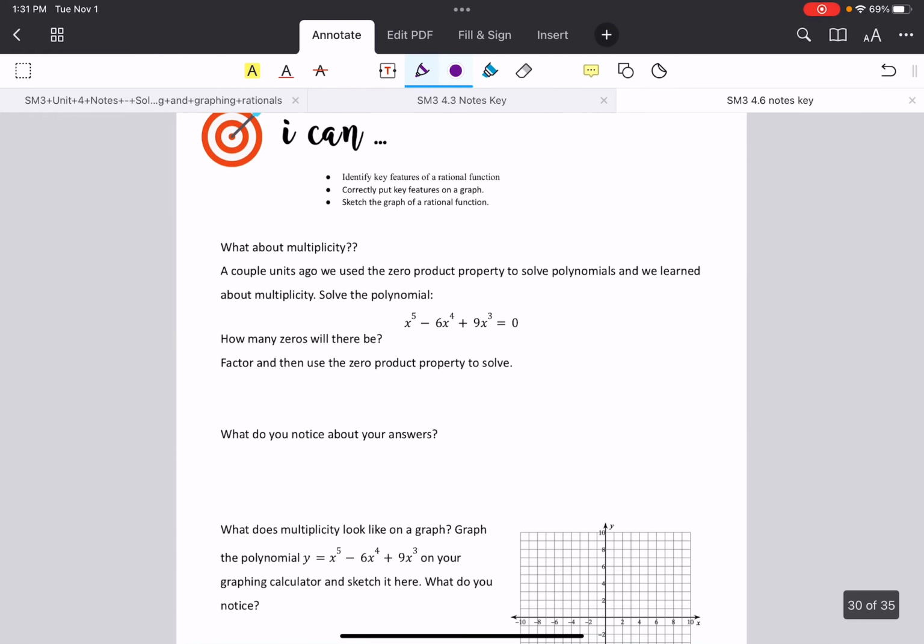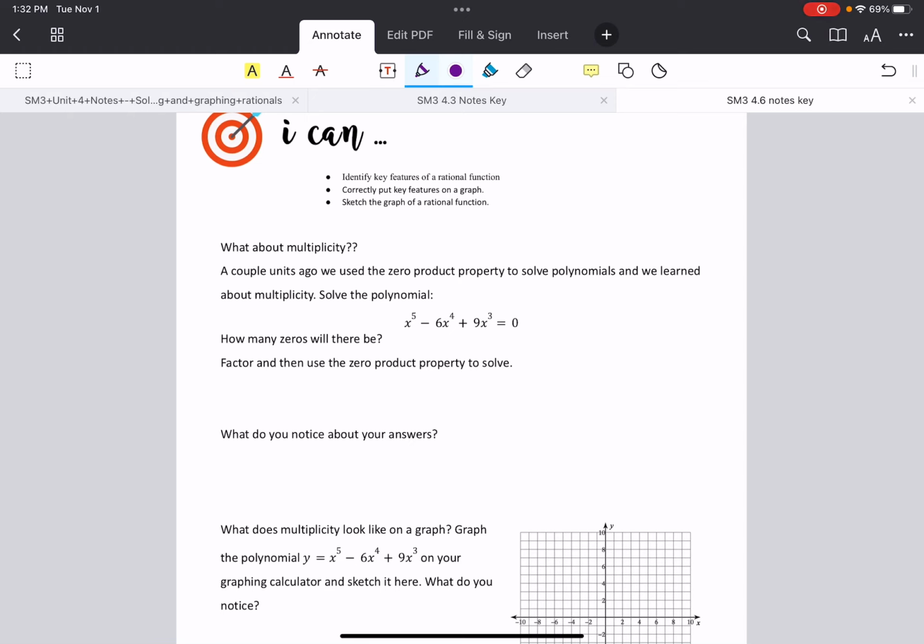So what did we see when we found multiplicity before? With graphs of multiplicity, we saw bounces, right? If it was an even multiplicity. What else did we find with multiplicity? How did we find multiplicity? What about on your equation?